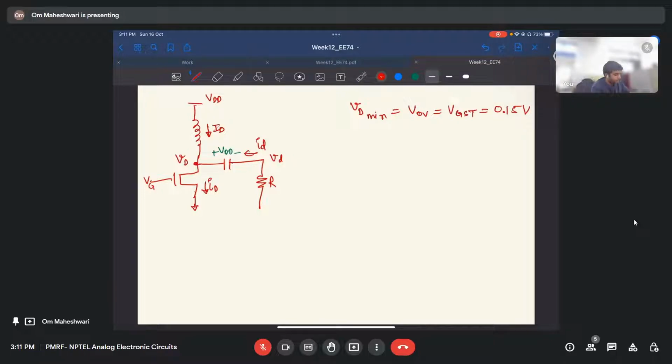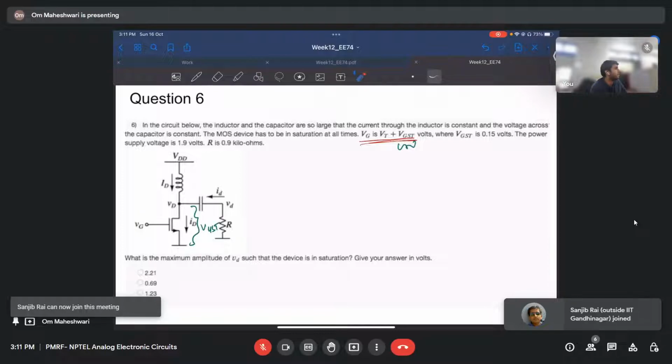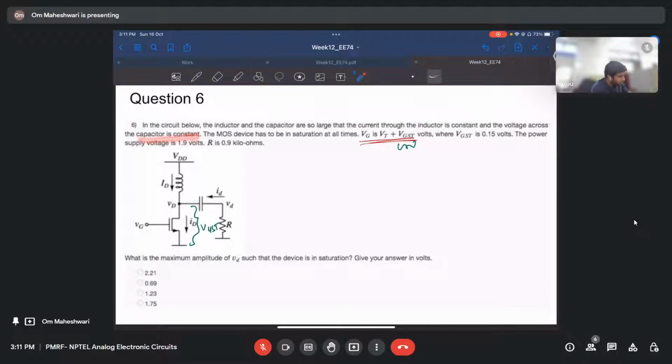And if this voltage is at 0.15, and here the capacitor is charged at VDD and it is constant, so the voltage across the capacitor is constant.